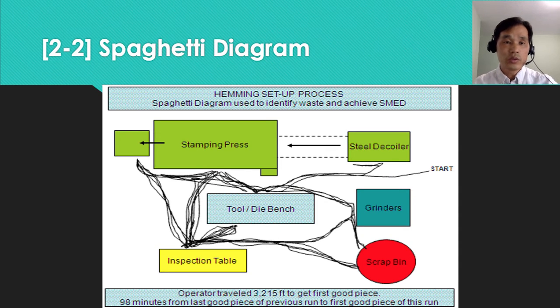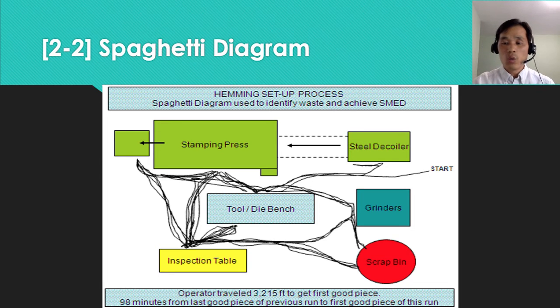The second tool that we would like to discuss is the spaghetti diagram. The spaghetti diagram is a great tool to understand value-adding activities. The idea is to observe and understand how things and people are moving in the current process. While things and people are moving around the work floor or warehouse, it's helpful to minimize the movement and make it as efficient as possible.